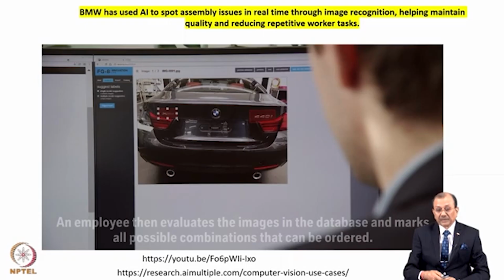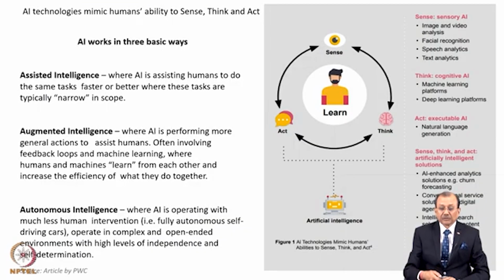Now with this context, if we revisit the functional part of artificial intelligence, I would like to define it in three categories. One is the role of AI as an assistant, where AI is assisting humans.